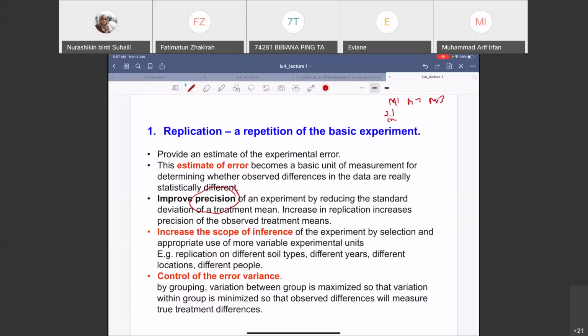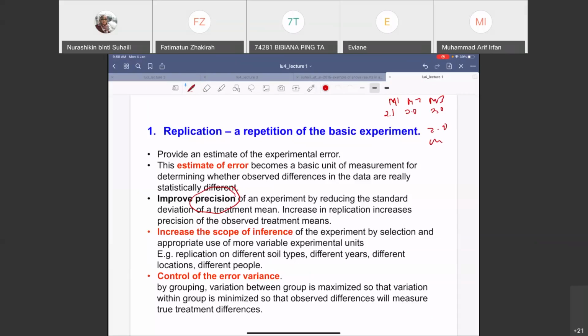The second time you measure, 2 cm, and another one is 2 cm. So when it is precise like this, 2.1, 2, 2, you are confident that it's actually, of course you take the average of all this, right? It would be 2 something maybe, yeah, 2 cm. So you are confident that your data is correct, your measurement is correct, because you have repeated it. This is replication within one sample that you are analyzing.